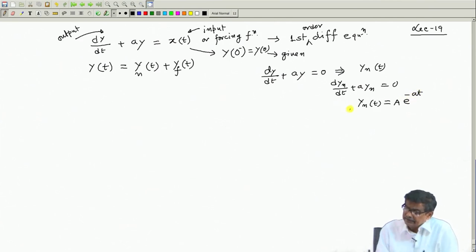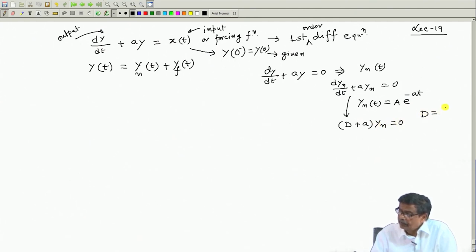Now, at this point I will tell you another important thing, that this equation can be written as D plus a into y n is equal to 0, where D is the operator d dt.